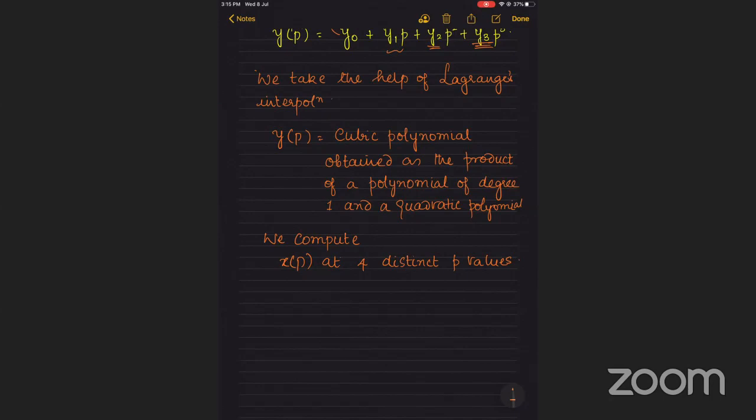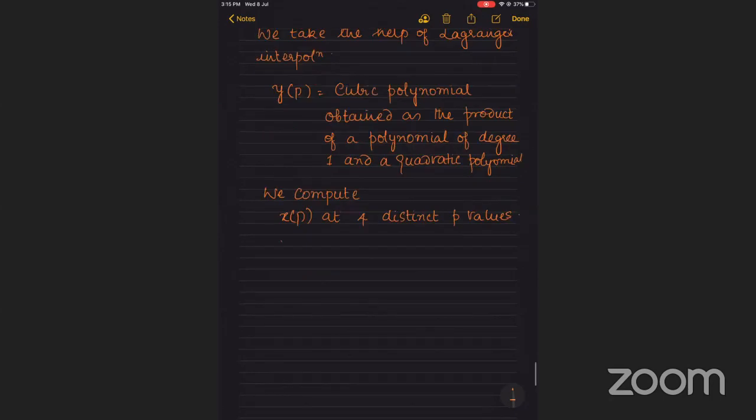Compute h of p at the same set of 4 points.